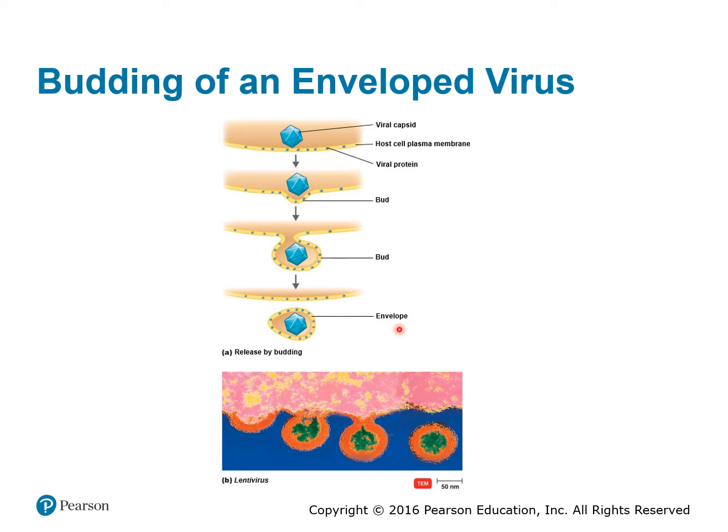So part of the envelope of the virus is actually going to be part of the host's plasma membrane. So you can see right here the plasma membrane starts to dip and the virus enters into it, and then it completely gets detached off. That's usually how enveloped viruses leave the host cell. So enveloped viruses leave via that process known as the budding process.